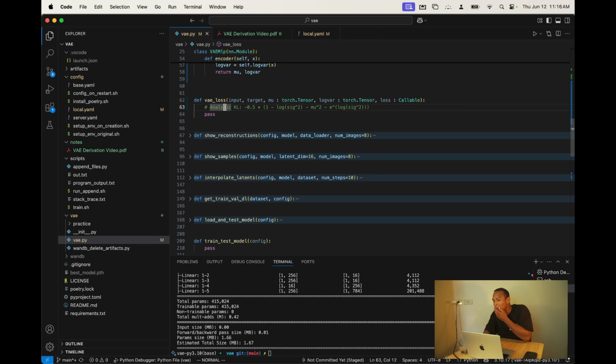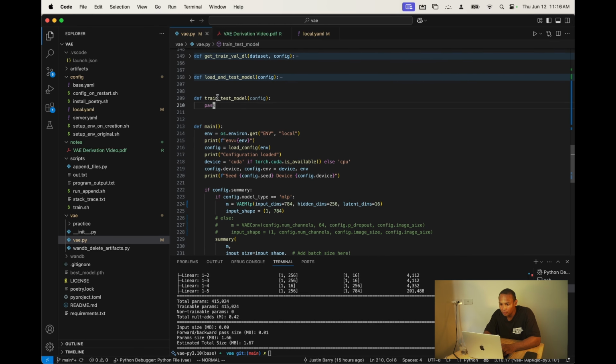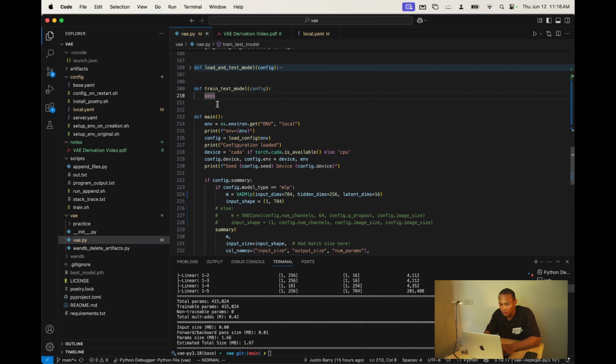So let's save the loss function for now. Let's fill that in when we get to it.